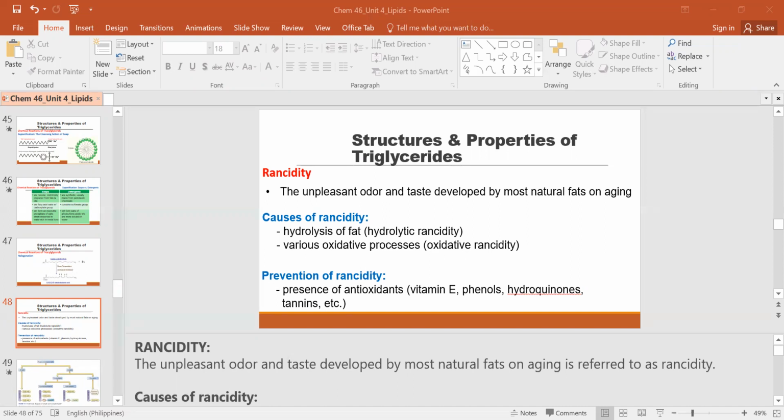Okay, I was looking on my slides, organic chemistry, where I can show you the auto-oxidation process, just in case you forget. Anyway.